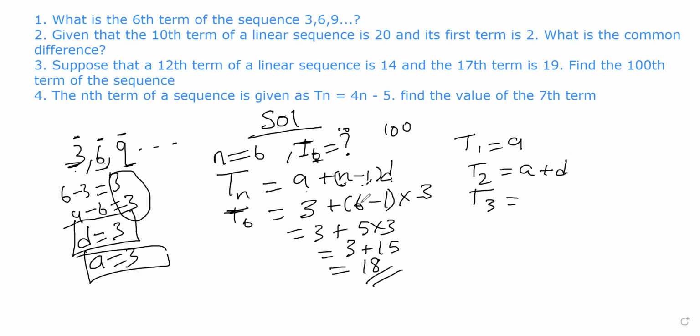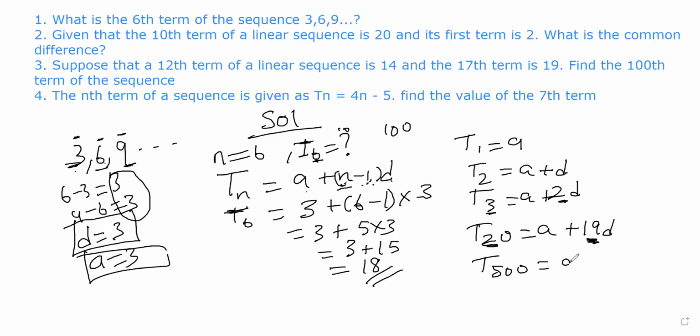Then third term is A plus 3 minus 1, that's 2D. So you can see that this is always dropped by 1. So the 20th term will be 19D. So just take note of the pattern that if we have anything here, it's always 1 less than it that will be here. So the 500th term will be A plus 499D. So you don't have to stress yourself that much.